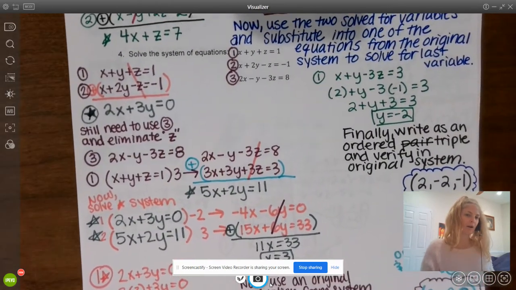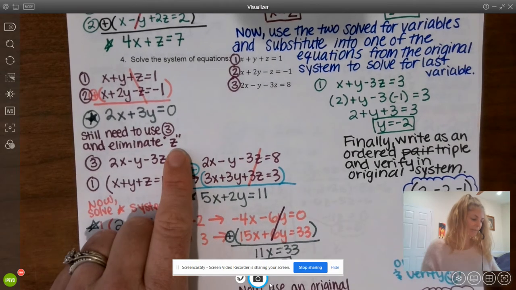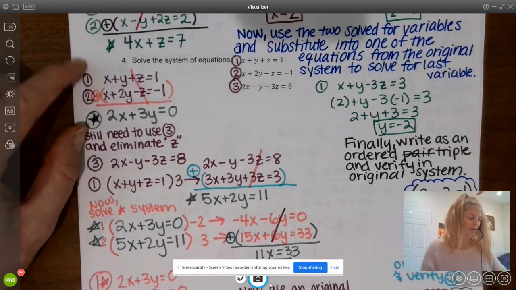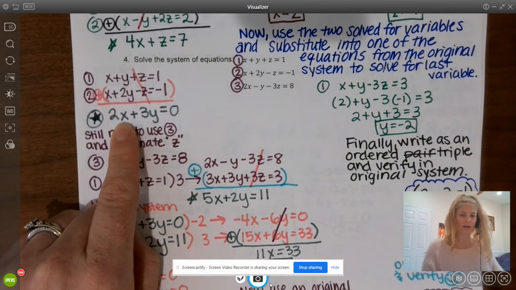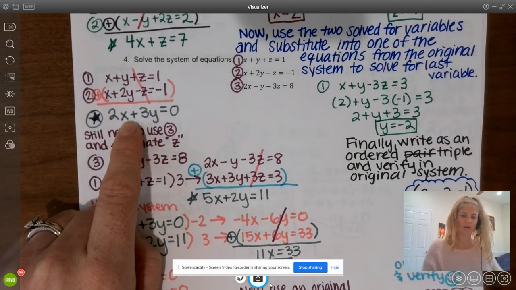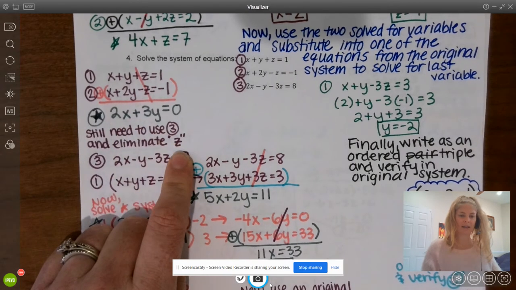So system 4, I decided I wanted to eliminate z. So I noticed equation 1 and 2, the z's were additive inverses, so I added those together to make one equation with x and y, so that's one of my star equations. I still needed to use equation 3, and I still needed to eliminate z.